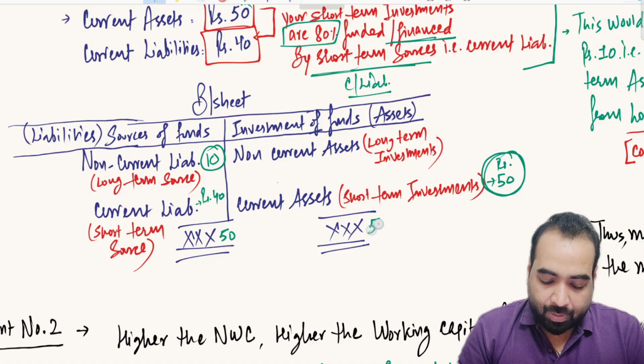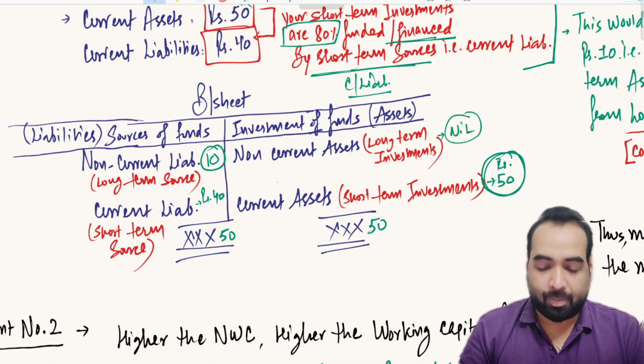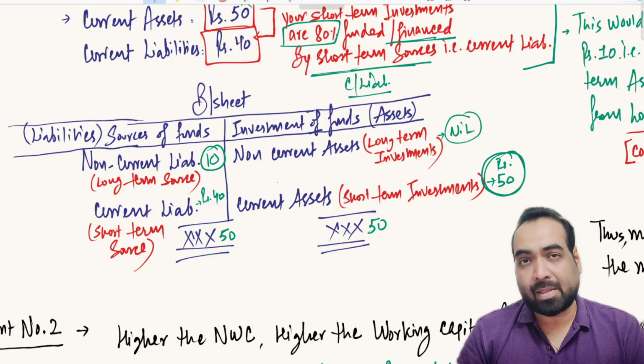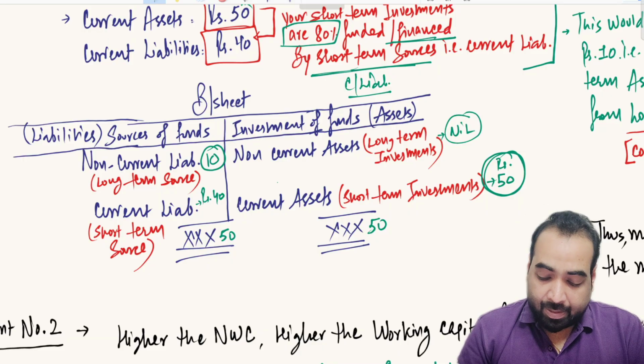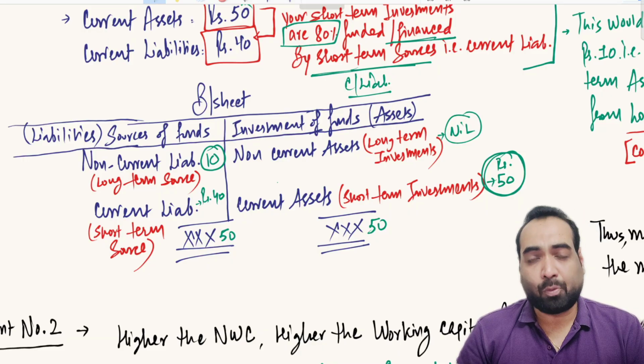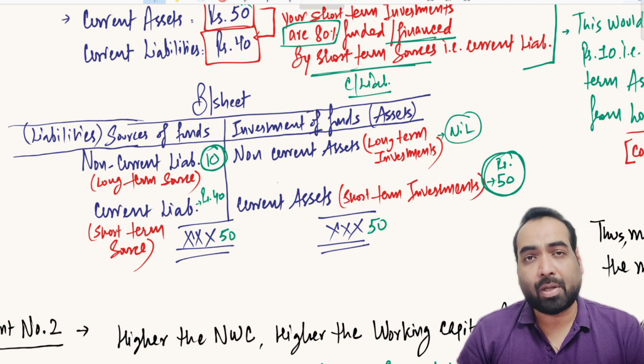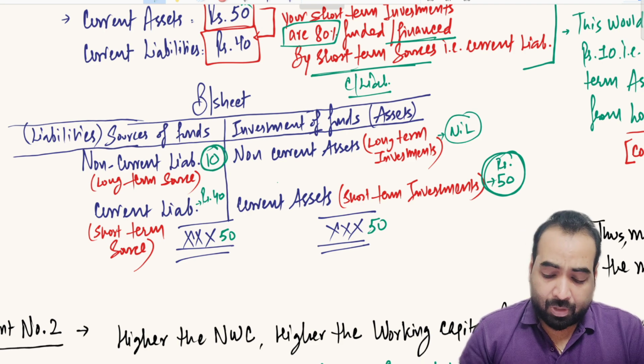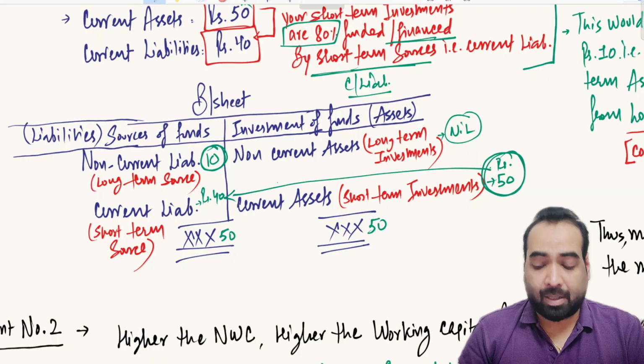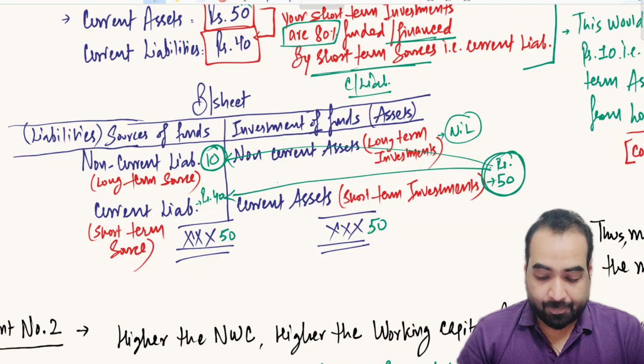Suppose the non-current assets are nil, which is unlikely in many businesses. Then what is the balance left? 10 rupees on the non-current liability side, right? So these 50 rupees are 80% financed by the current liabilities and 20% financed by the long-term sources.